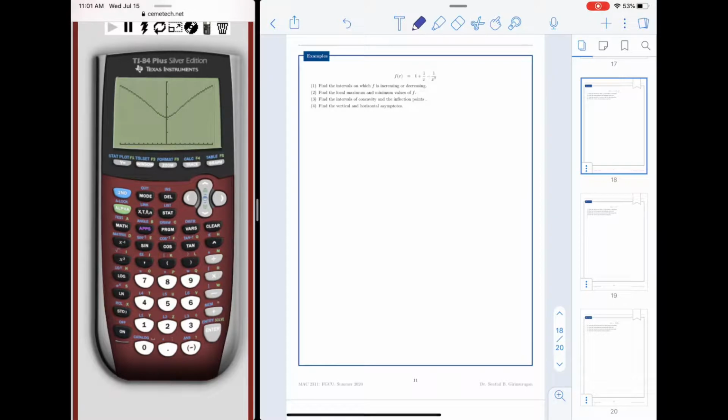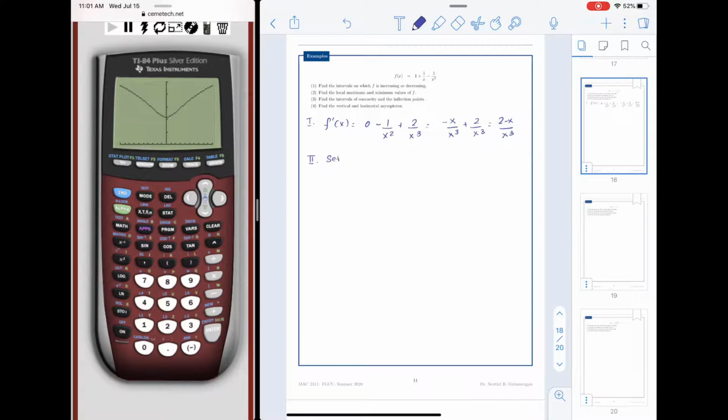So first, let's determine f prime of x, which is 0 plus or minus 1 over x squared plus 2 over x cubed. Let's simplify this by taking the common denominator. So we will have 2 minus x over x cubed.